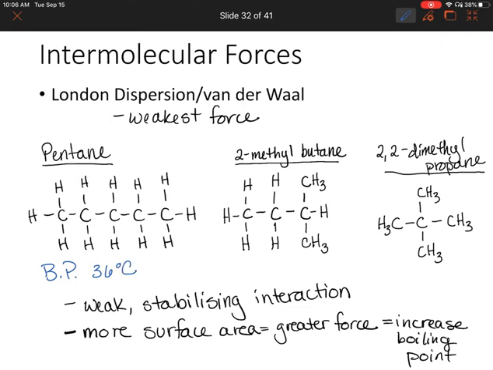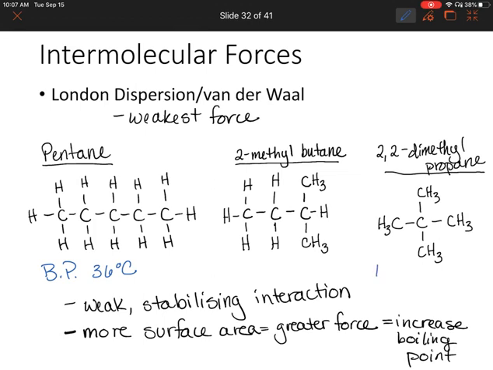Now, which of these molecules do you think would have the smallest boiling point or the lowest boiling point? 2,2-dimethylpropane. So the last molecule on the right, that is going to have the least surface area. Everything's really compact. Everything's centered around that carbon in the middle.